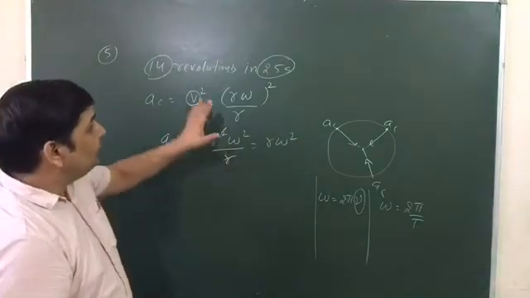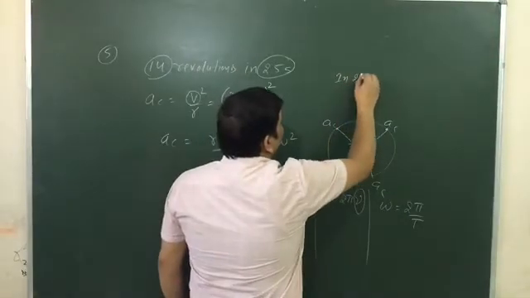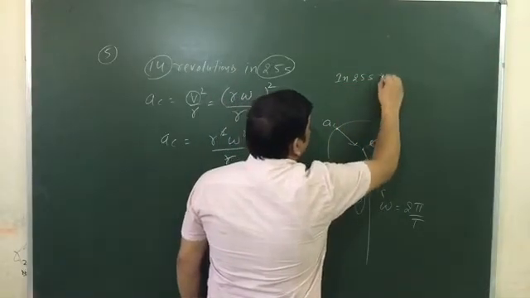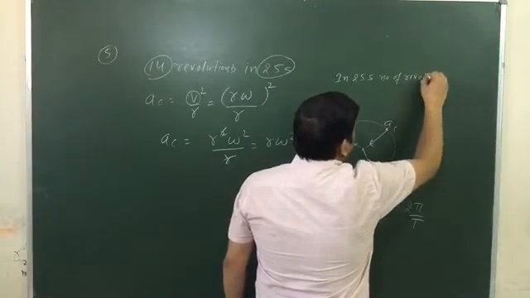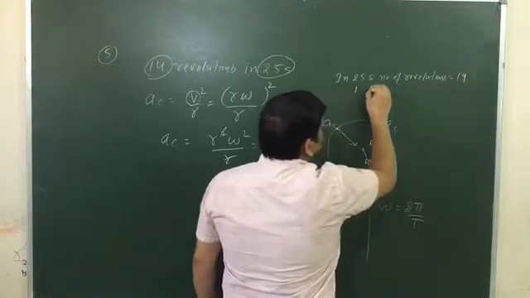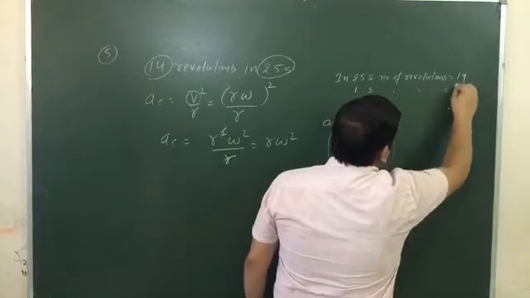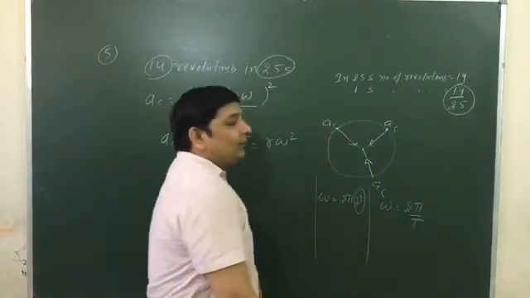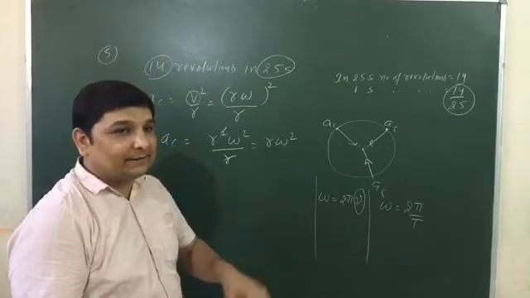We know that in 25 seconds, the number of revolutions is 14, and in 1 second the number of revolutions is 14 by 25. It means the number of complete revolutions in 1 second.